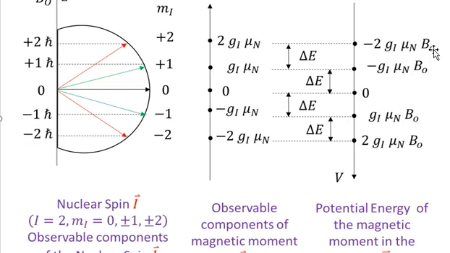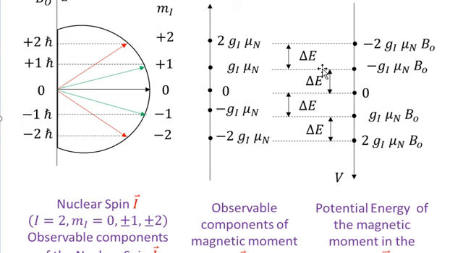And you see that I have also multiplied by B naught, where the Z component of mu I is Gi into mu n, and on the left hand side I have multiplied it with B naught so that I can convert that into energy terms.